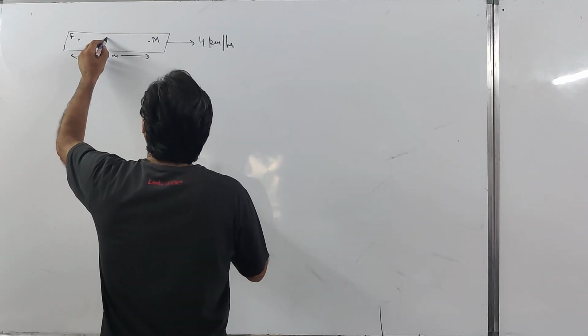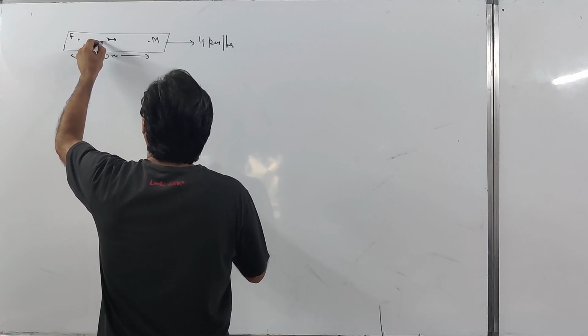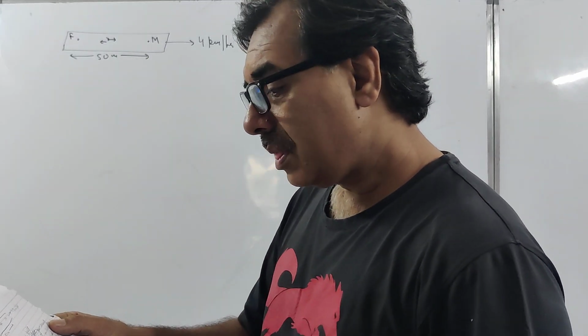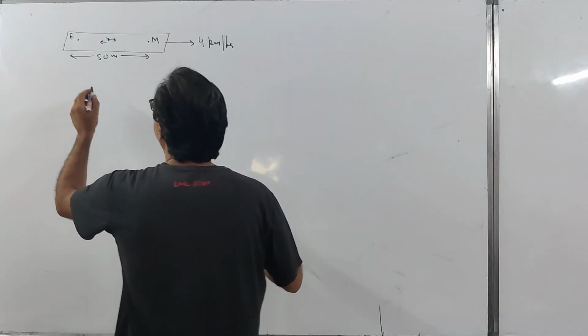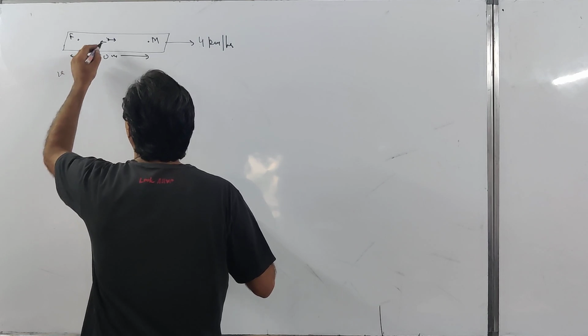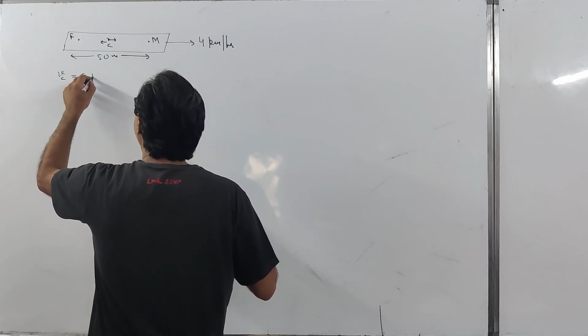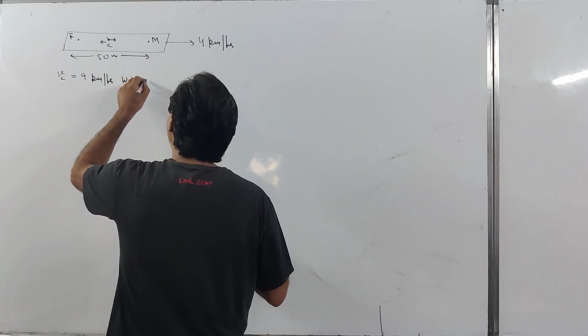There is a child here which keeps on moving between the father and the mother. And the velocity of the child is 9 kilometers per hour with respect to the belt. This is the child.